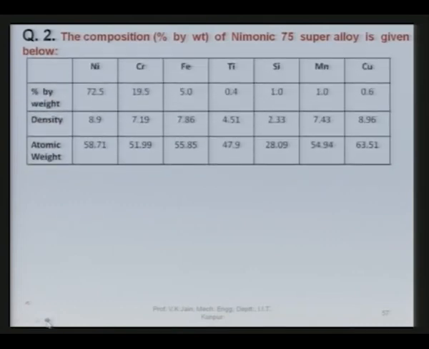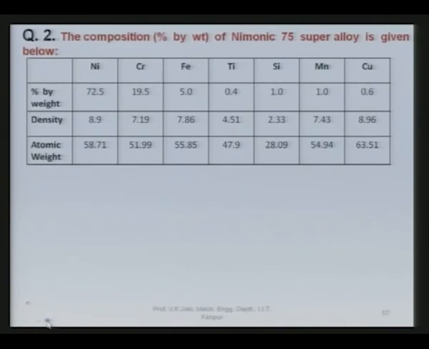Now, let us take the next problem. The composition percentage by weight of Monel 75 superalloy is given as follows. Here we find that there are various constituents of the alloy like nickel, chromium, iron, titanium, silicon, manganese and copper, and it gives the percentage by weight composition of each element in the alloy, that is 72.5% nickel, 19.5% chromium and so on.